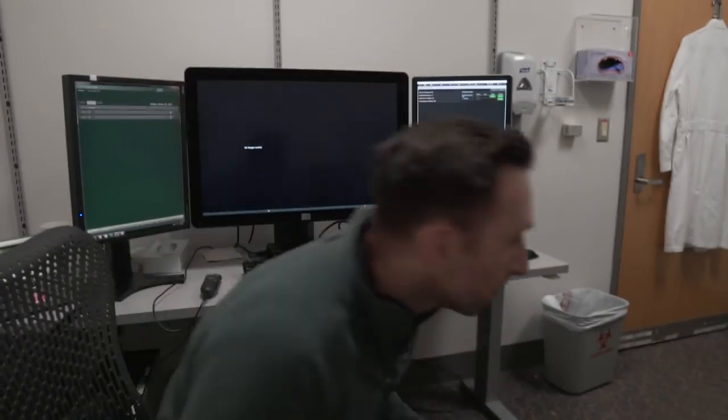Alright, so the next thing I do is wipe down my station. It's cold and flu season right now. I have a cold right now, and I don't want the flu like I had last year, so we're going to wipe it down.